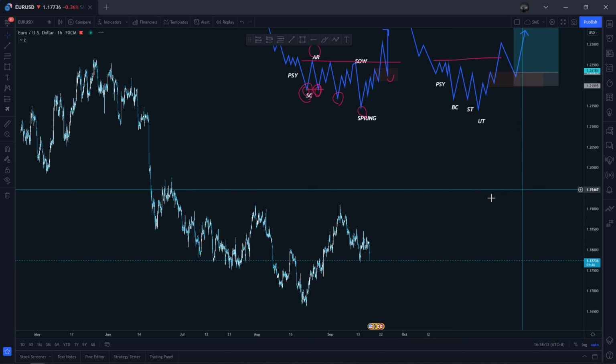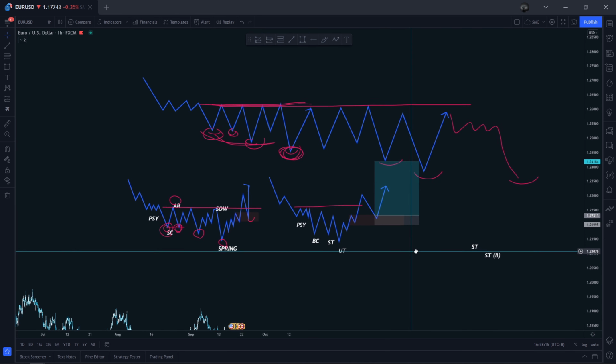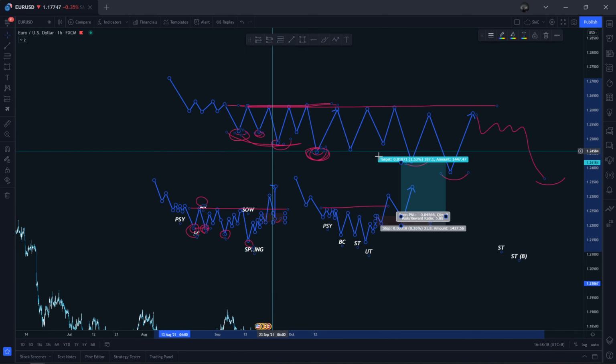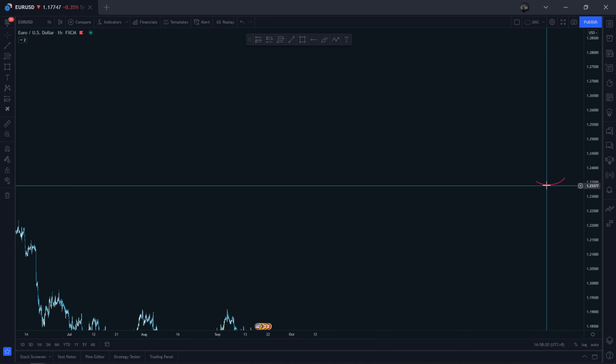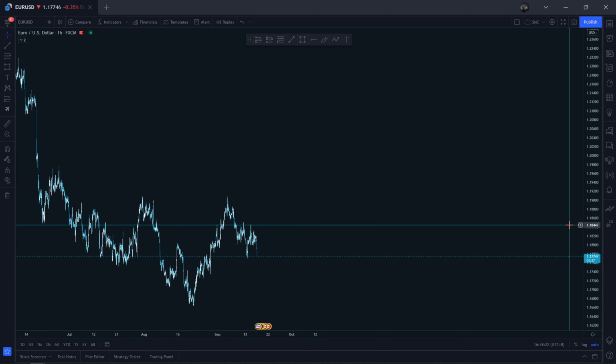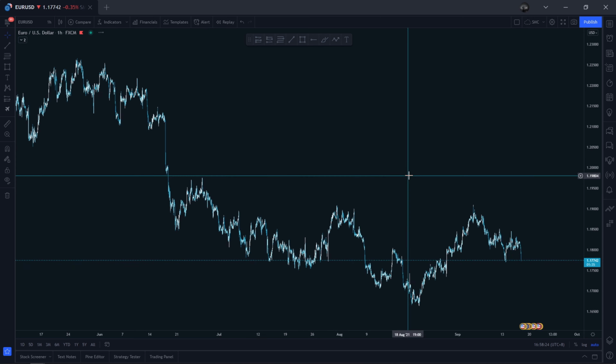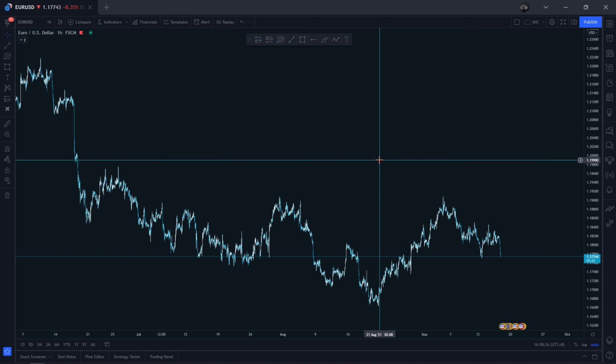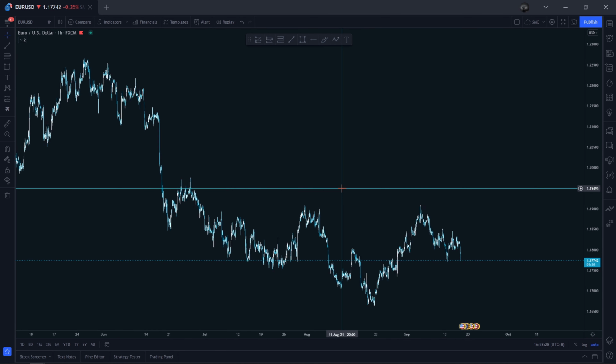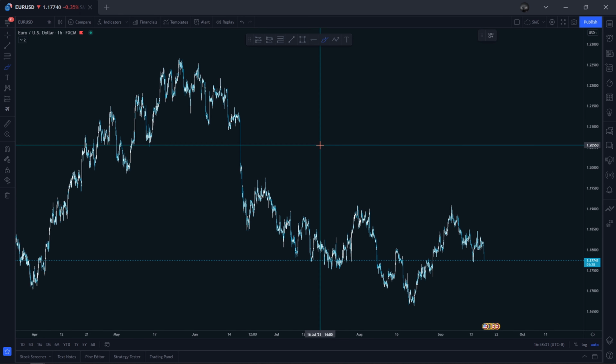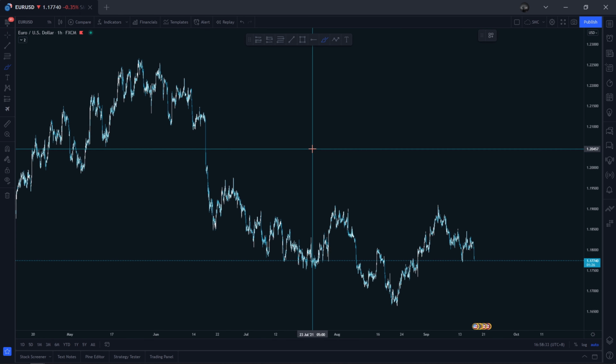Now the thing that I see people do. We know the pattern, right? Wyckoff is a pattern. Now the problem with people is they use Wyckoff as an indication of where price is going.